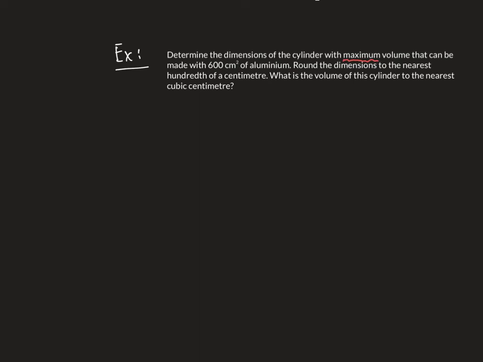Now, if I am giving you the surface area, that means you can find your radius and you can find your height. But to find my height, I need my radius. Okay? So my radius, remember, is the square root of the surface area divided by 6 pi. So that should give me square root of 600 divided by 6 pi, which should give me about 5.64 centimeters.